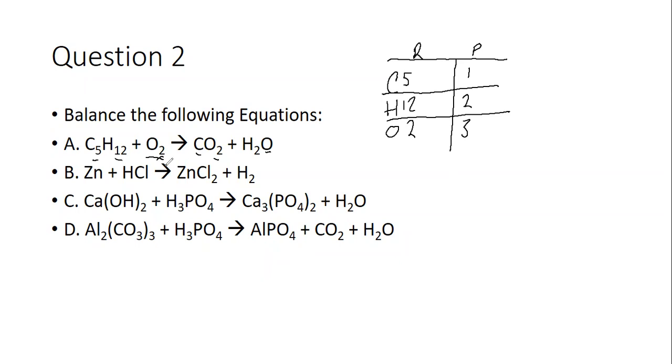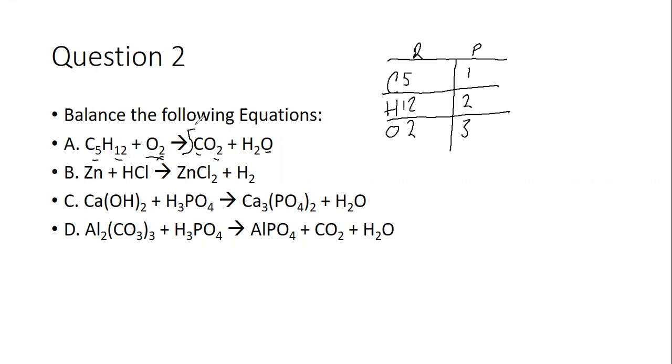Anything that is bonded to itself, I usually touch last. So that means I can balance carbon or hydrogen first. When given a choice, I usually like to try and balance carbon first. I can't think of a good reason for that off the top of my head. You could go either way, hydrogen or carbon. So I'm going to try to balance carbon.